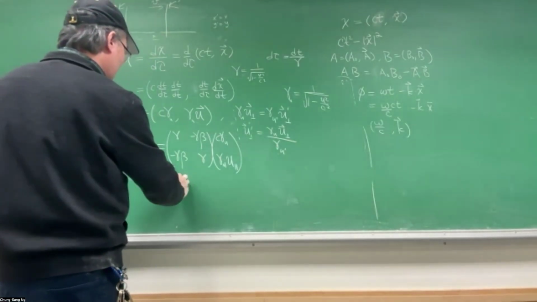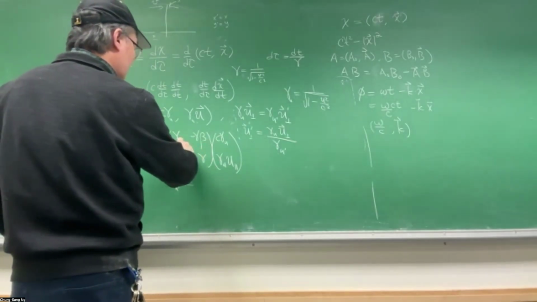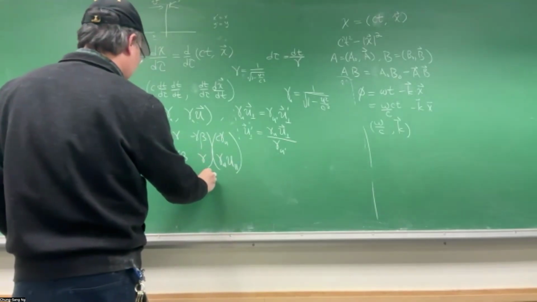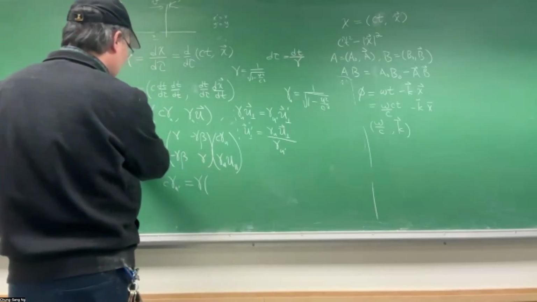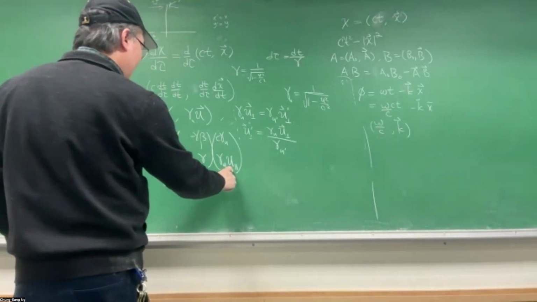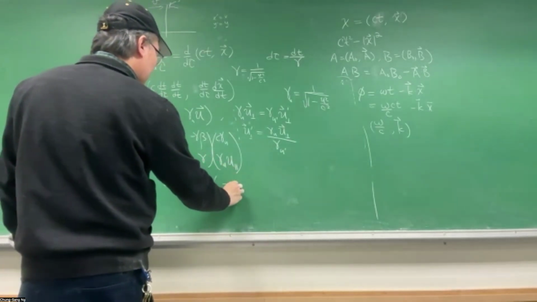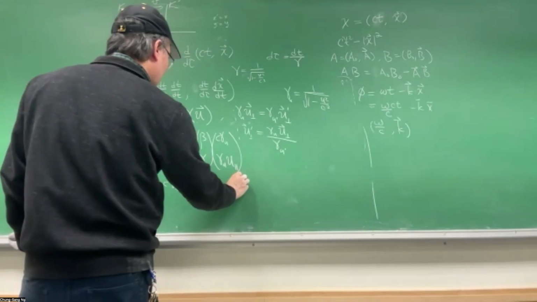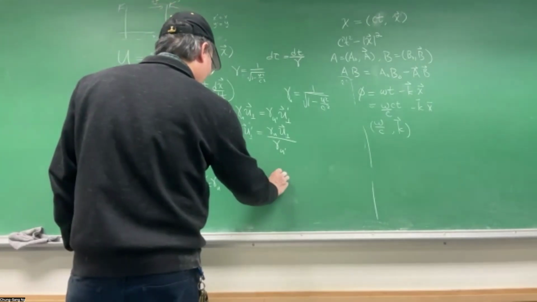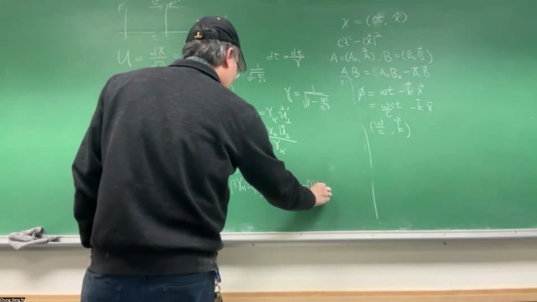So gamma u prime is gamma, c gamma u minus beta. There's another gamma. You can go out, this is gamma u c minus beta.